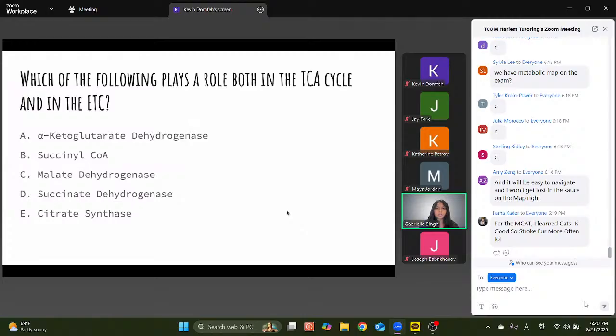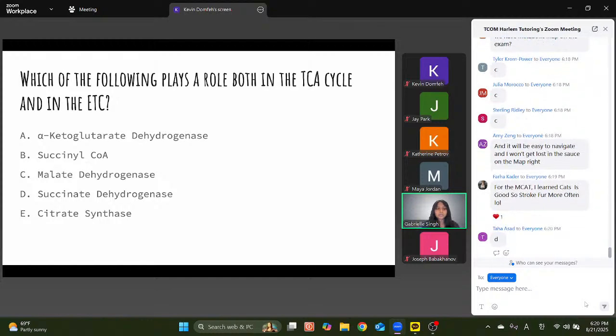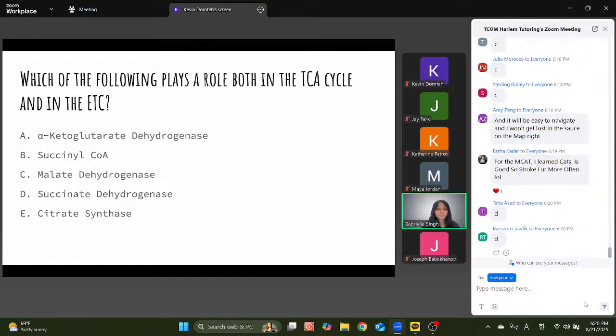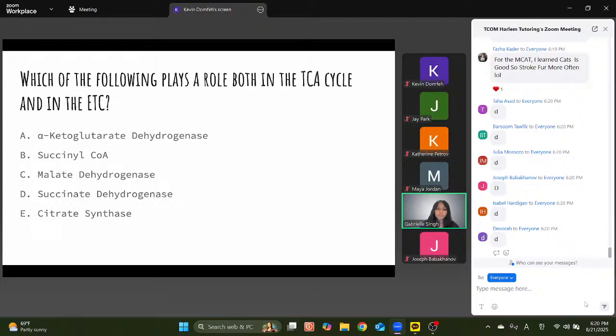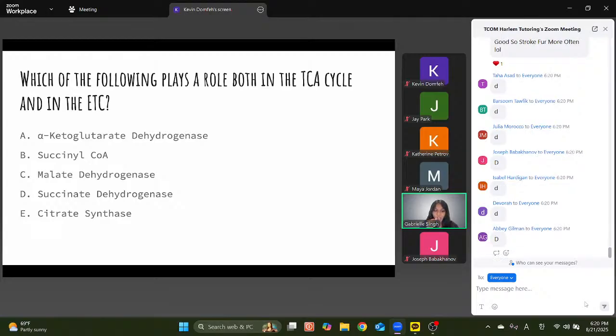Yes, mnemonics are good. Okay, which of the following plays a role in both the TCA cycle and the electron transport chain? Okay, everybody's saying D. Yeah, so D is the correct answer.